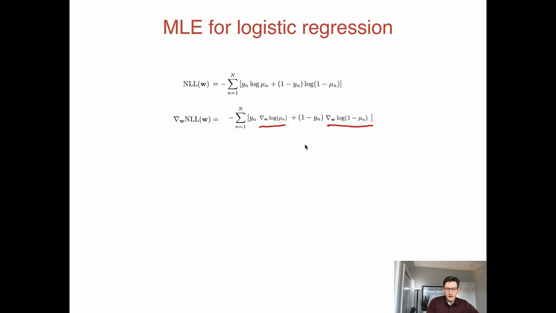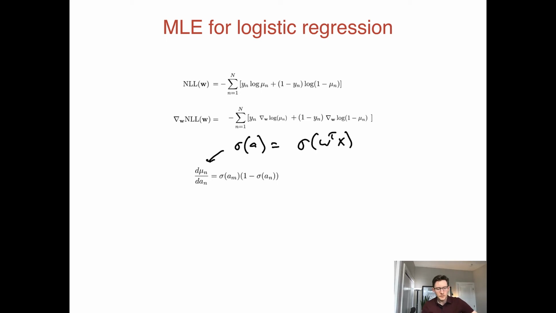So to do that, we're going to use the chain rule. In order to figure out how to do this, let's take it step by step. Let's first ask, what's the derivative of mu n with respect to a n? So remember that mu n is just sigma of a, which equals sigma of w x.